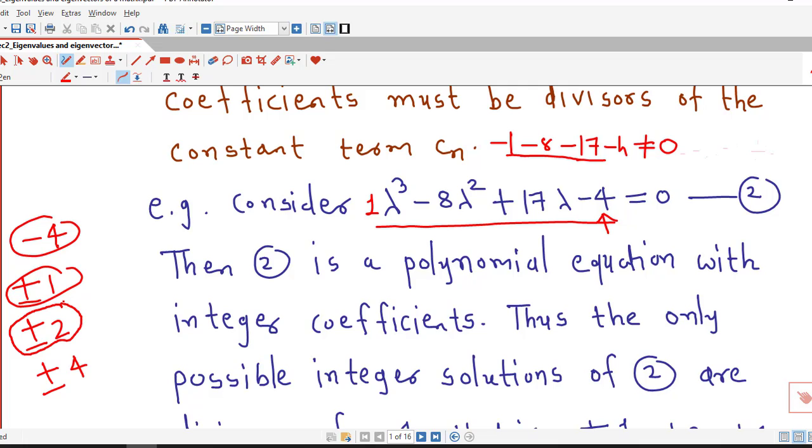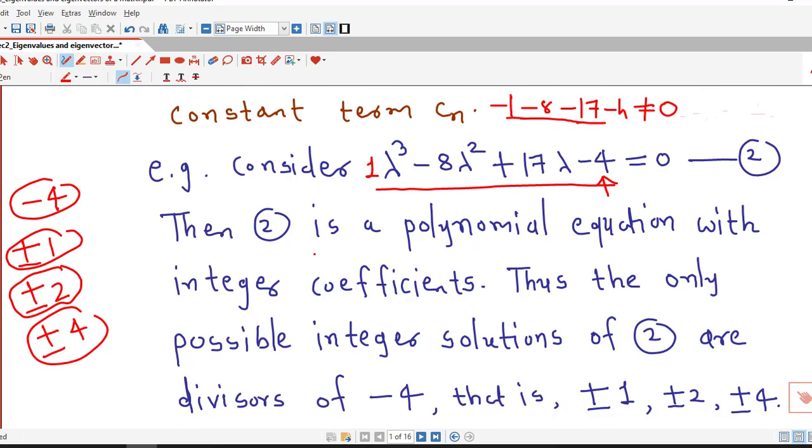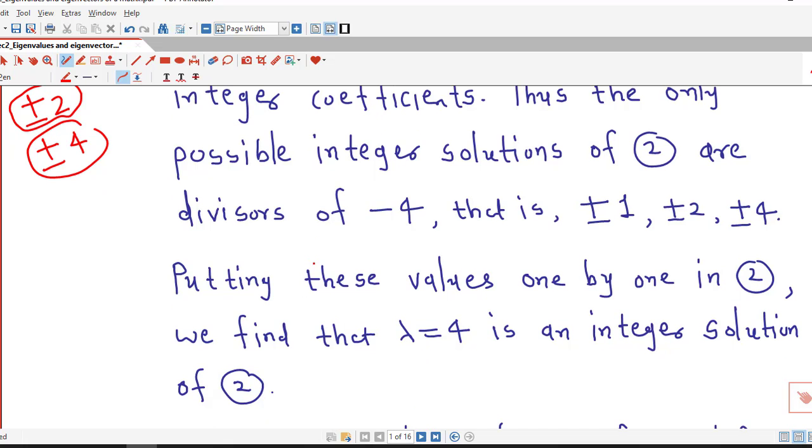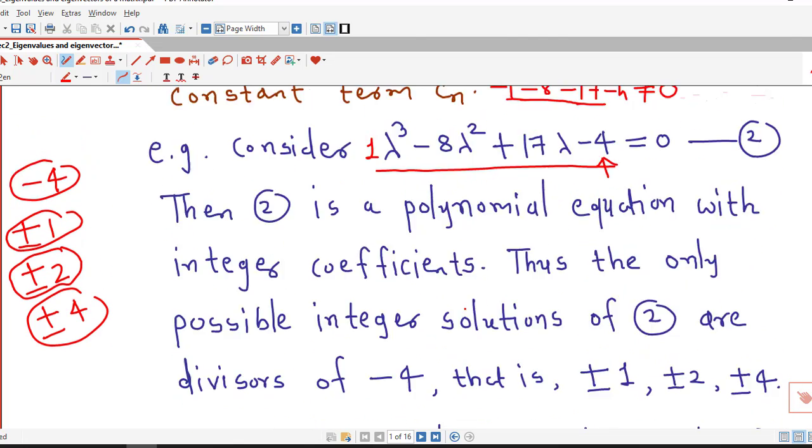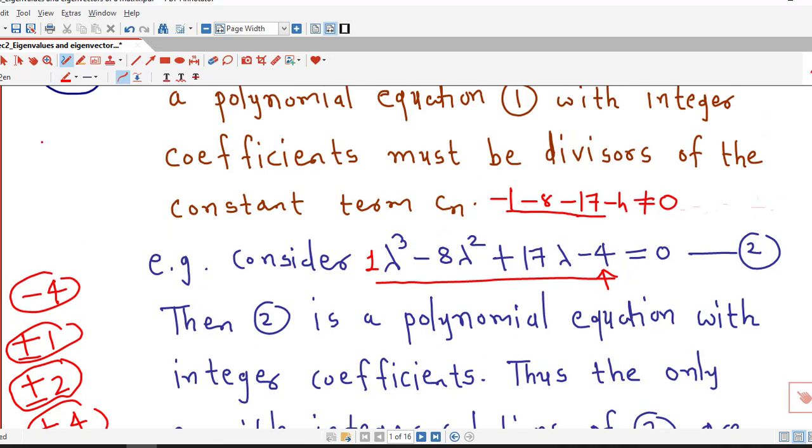Similarly, you can check for lambda equal to 2, minus 2, 4, minus 4, and after putting all these values, we find that lambda equal to 4 is an integer solution of this equation. If we put lambda equal to 4, we have 4 cube, that is 64, minus 8 into 4 square, that is 16, plus 17 into 4 minus 4.